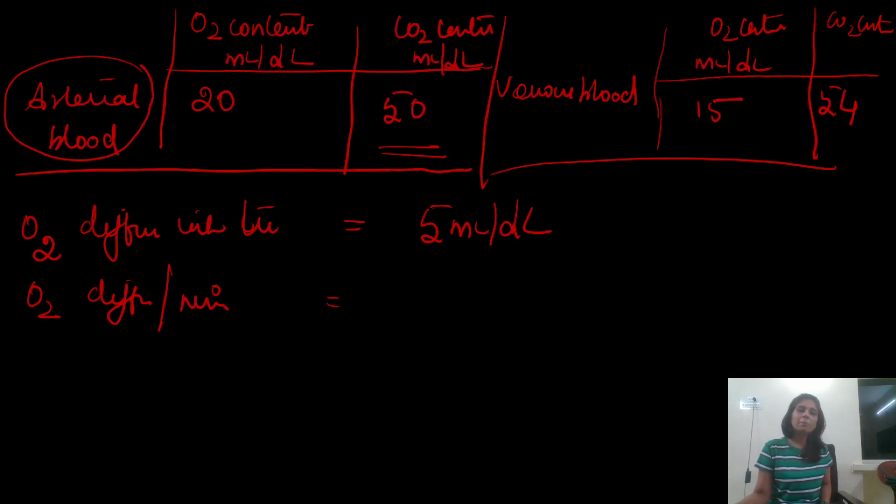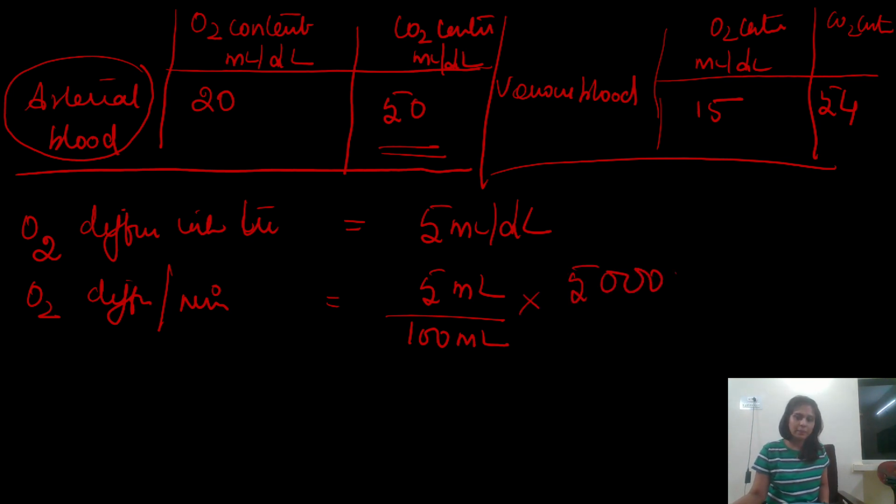So 5 ml per deciliter tells you if 100 ml is the blood flow to tissues, your circulation will deliver 5 ml of oxygen to tissues. But what is the blood flow per minute? Cardiac output. So it is 5000 ml. So if it is 5000 ml, it becomes 250 ml per minute.